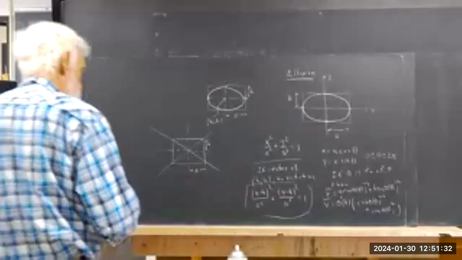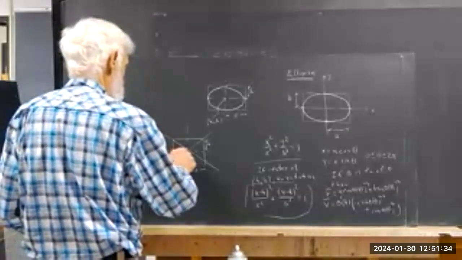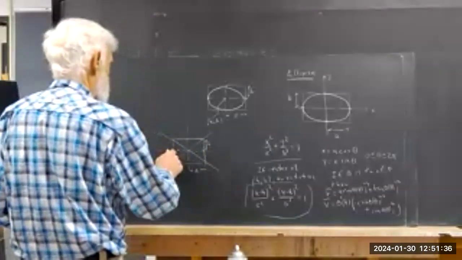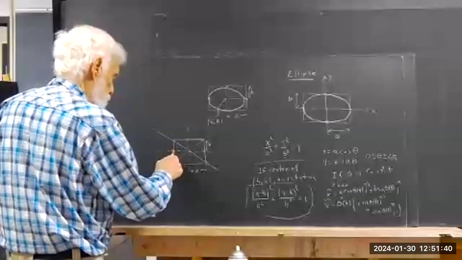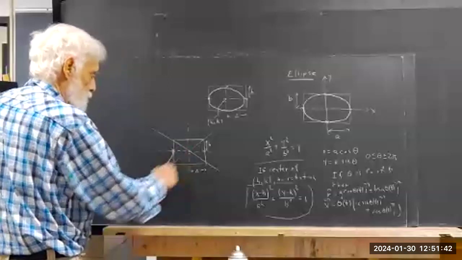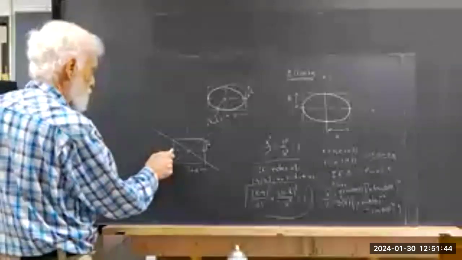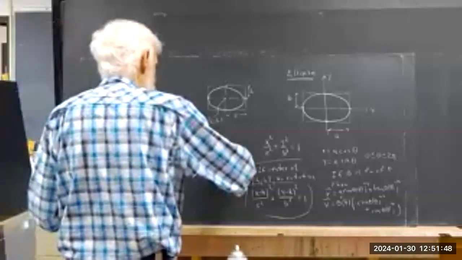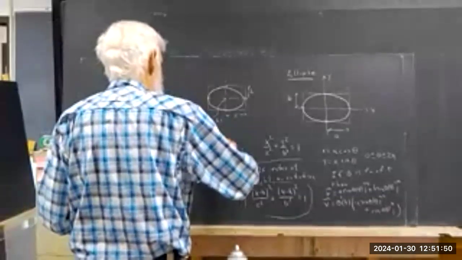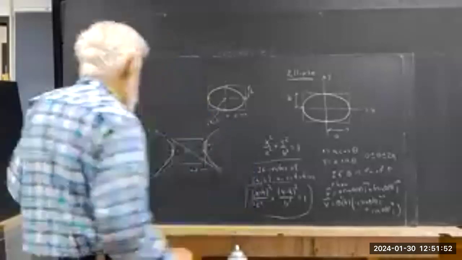You get one of them. You put the vertices here and here, and you start out tangent, and then you approach this line as an asymptote, and do the same thing over here. There's one hyperbola.